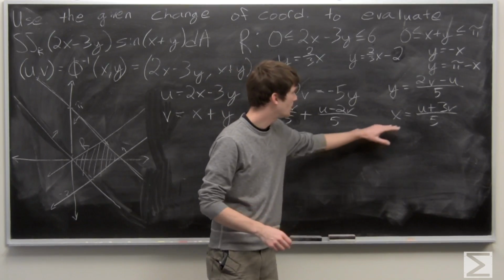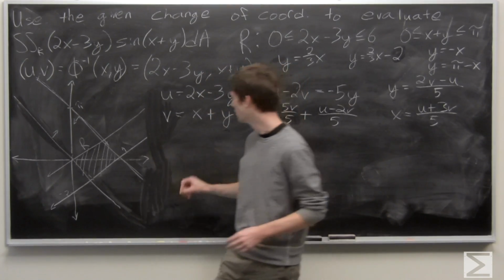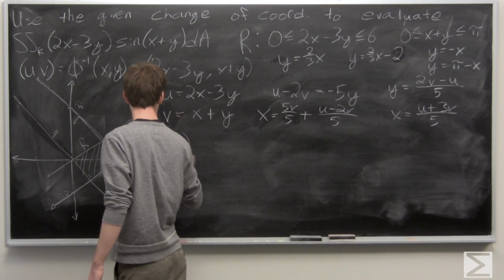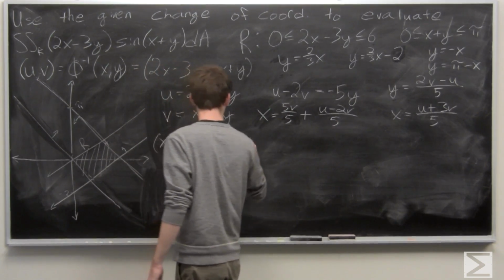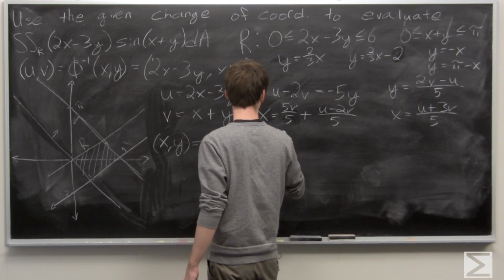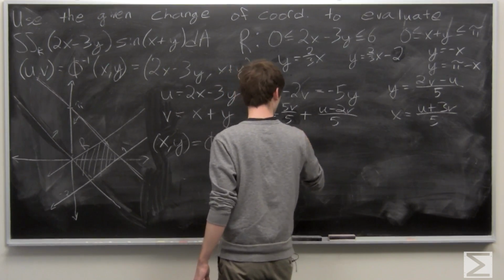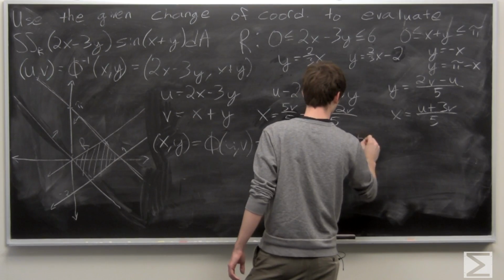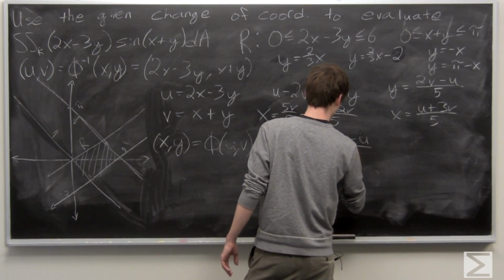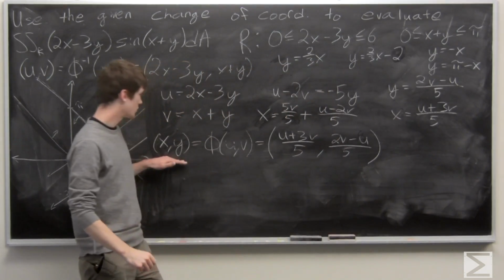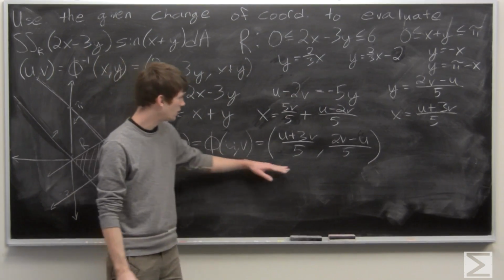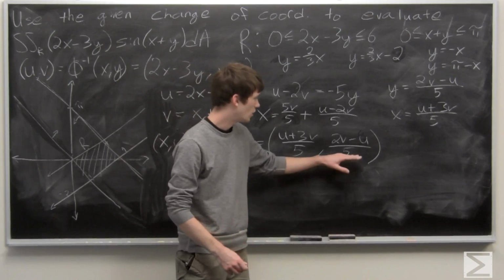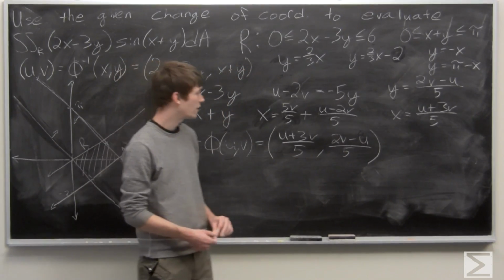Okay, so now we have our phi of (u, v). We have (x, y) is equal to phi of (u, v), so x is equal to u plus 3v all over 5, and y is equal to 2v minus u over 5.